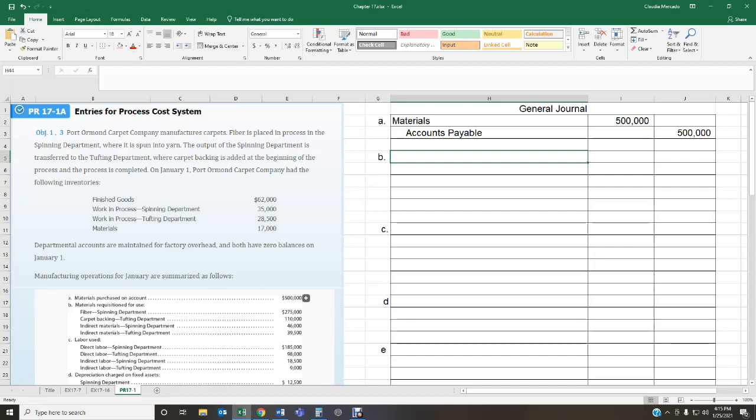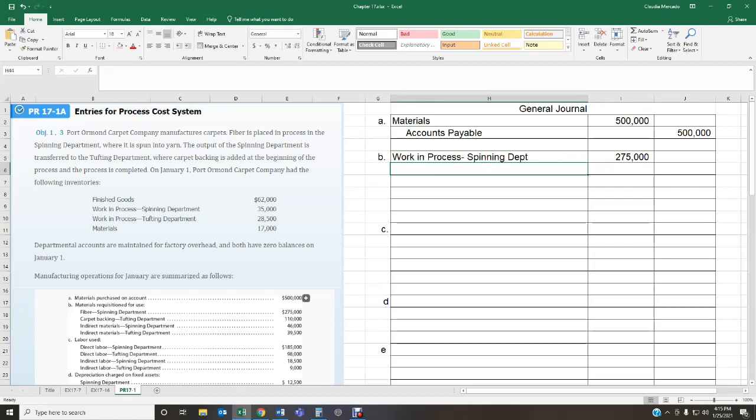So it says, materials requisitioned for use. Fiber, spinning department. So you requested fiber for the spinning department, $275,000. So where is that fiber going into? That is going into your working process for the spinning department. Okay, and the amount is $275,000.